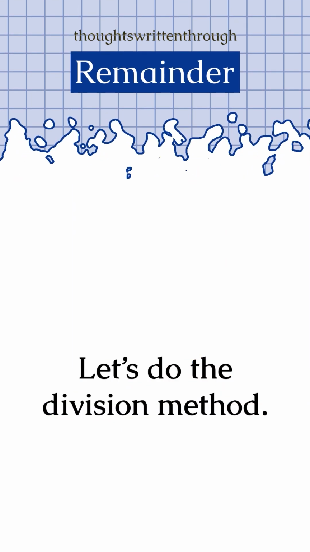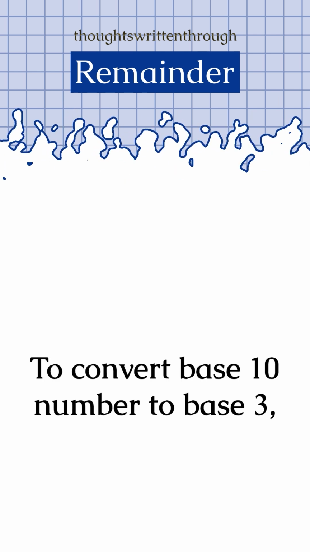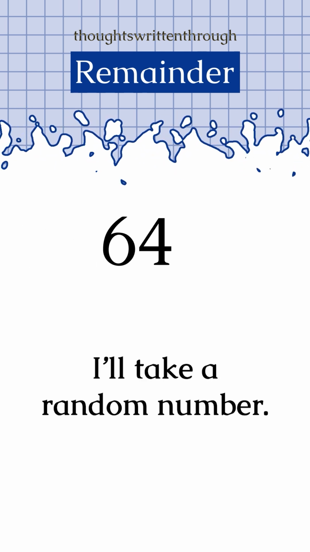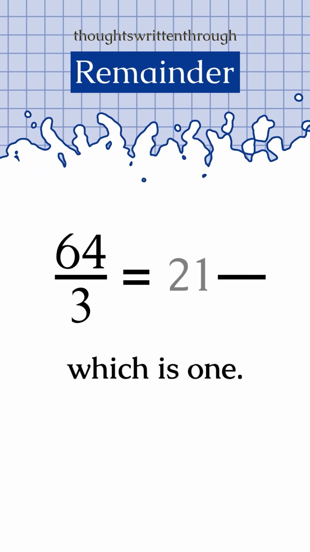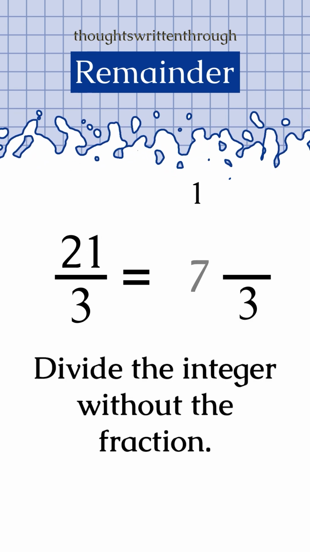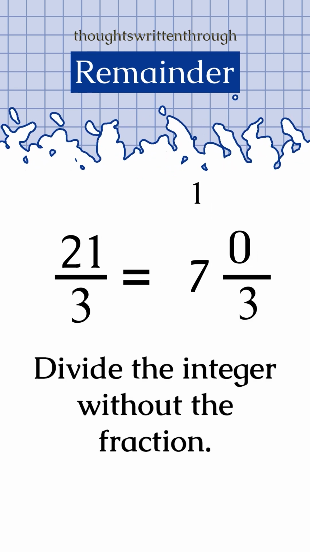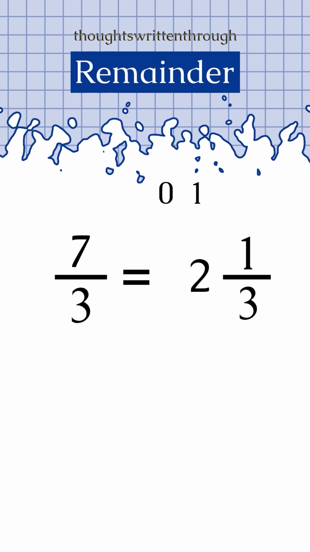Let's do the division method to convert a base 10 number to base 3. I'll take a random number, divide this number and take the remainder, which is 1. Divide the integer without the fraction and repeat until the number is lower than the divisor.